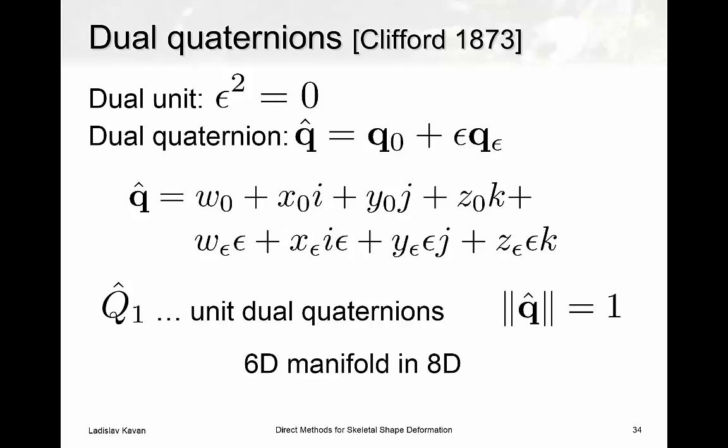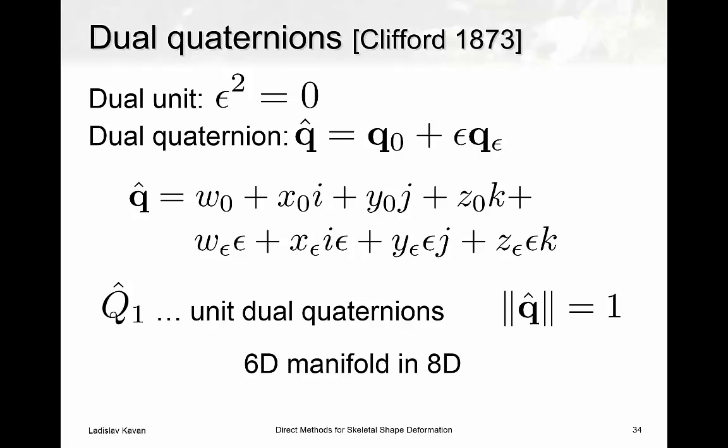These two: the norm of Q equals 1. The norm of Q is a dual number, so it has a real part and a dual part, if you will. The real part must be 1. That's one equality. The dual part must be 0. That's the second equality. So that's what we took out. What it means geometrically is a little bit trickier. Let's not go there now.